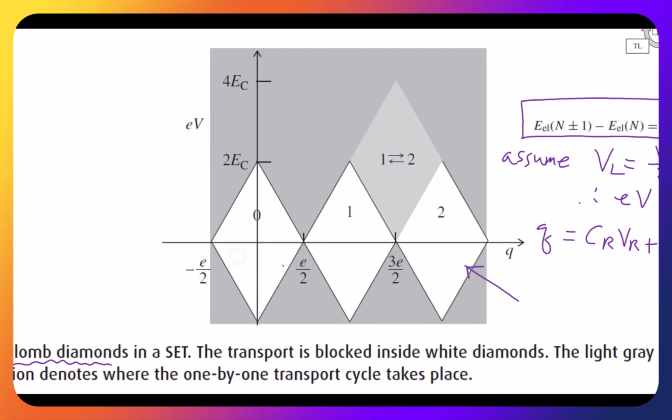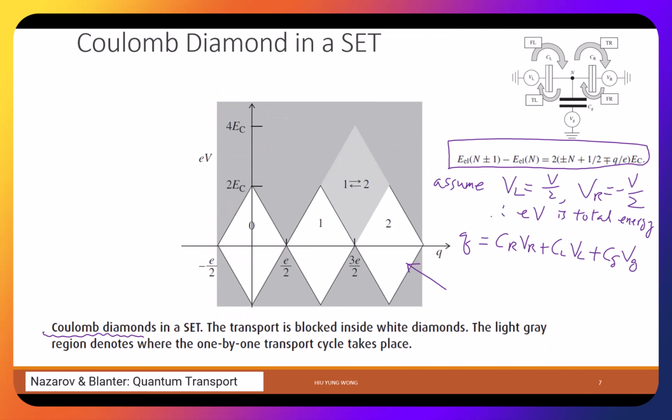If you are in this regime, if you have the charge in this regime, and this is n equal to 2, n equal to 1, then it is the blockade regime, right? So this is Coulomb blockade. If you operate in this regime, there is no charge transport.